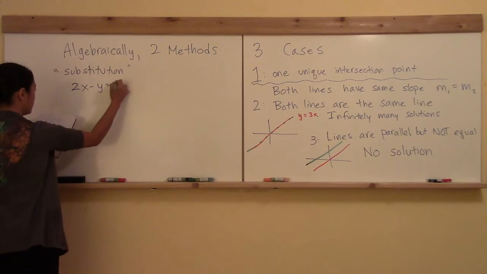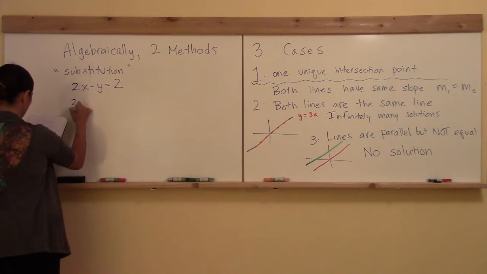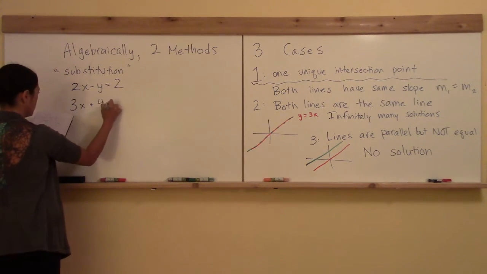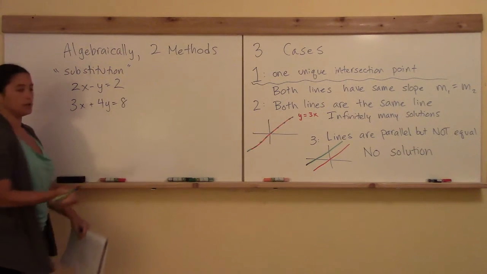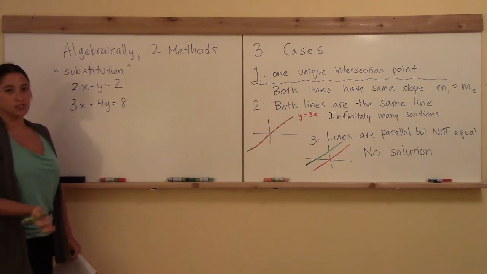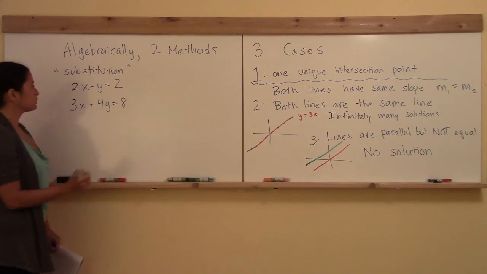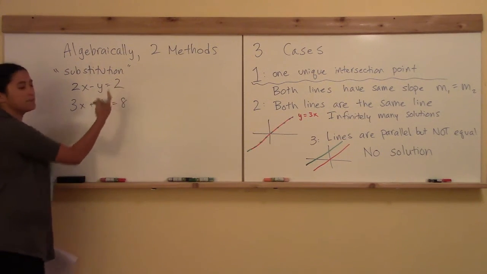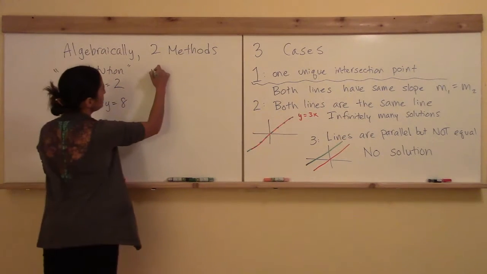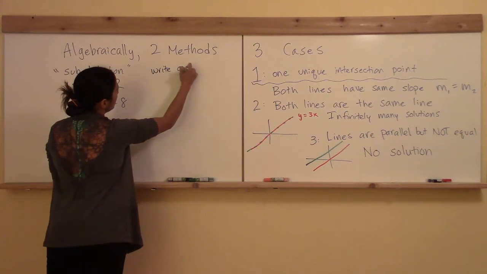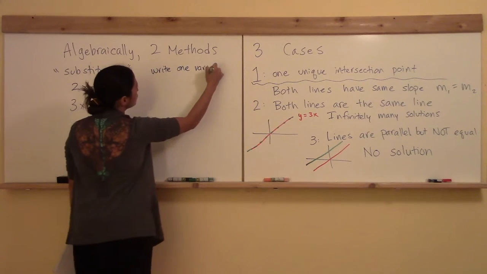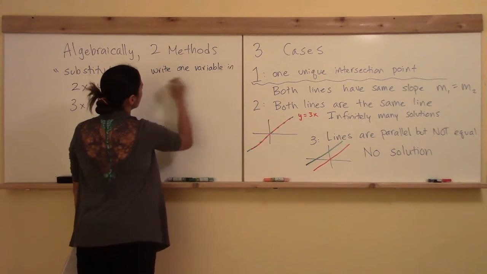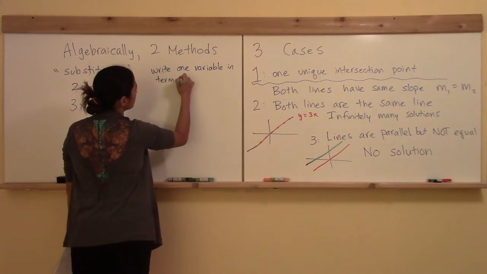Let's say that we have this equation obeyed, and at the same time, this equation is also obeyed. If I wanted to solve for the unique solution algebraically, what I would want to do is write one variable in terms of the other. And it doesn't really matter which one you choose, you just choose the one that's working better for you.